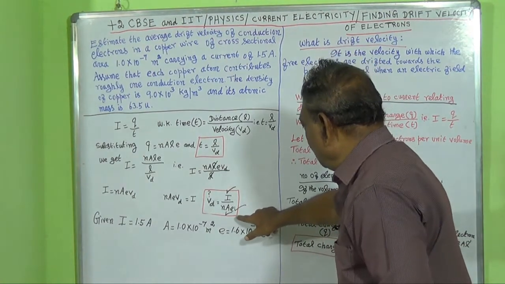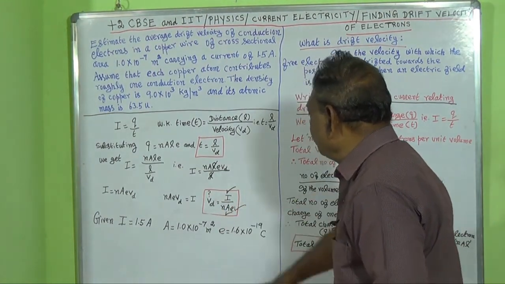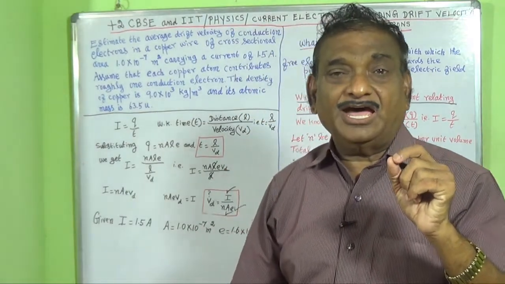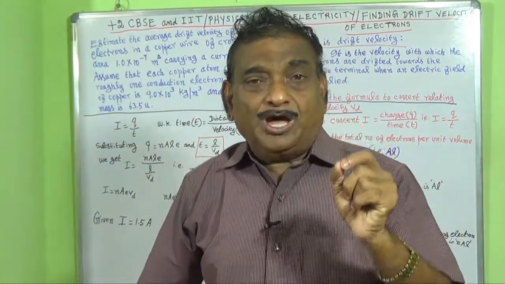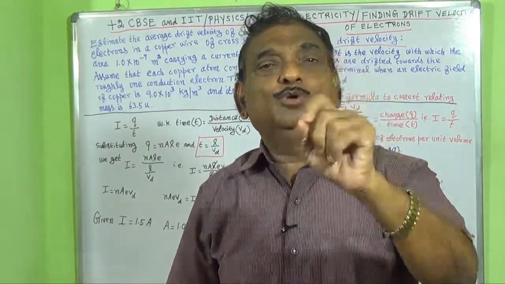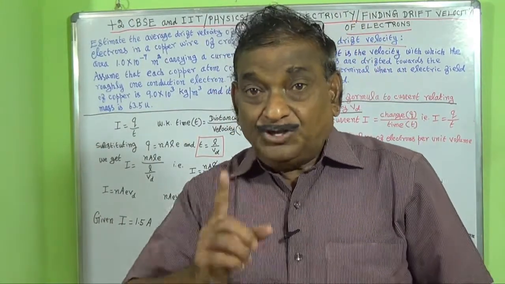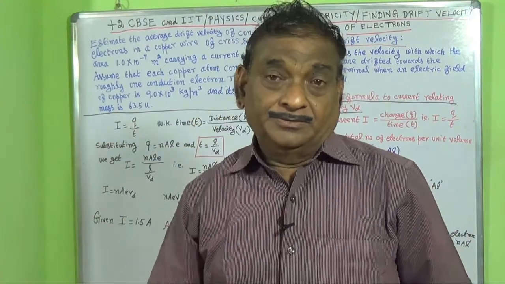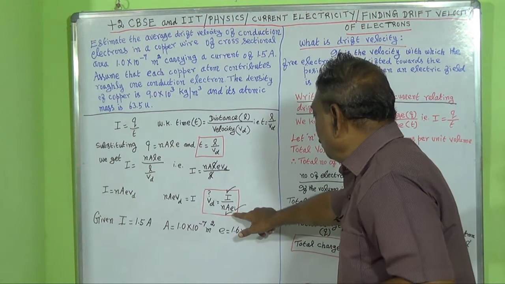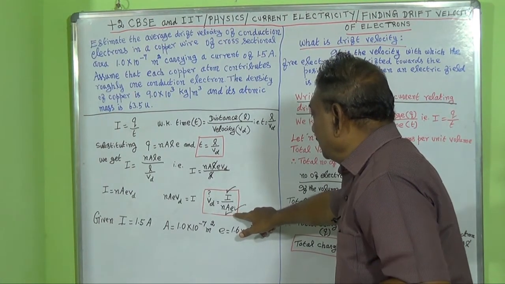So put the tick mark for the area. We know that our God has given the charge of 1.602 into 10 to the power of -19 coulomb of charge with 1 electron. So that we can also put the tick mark to charge of an electron.